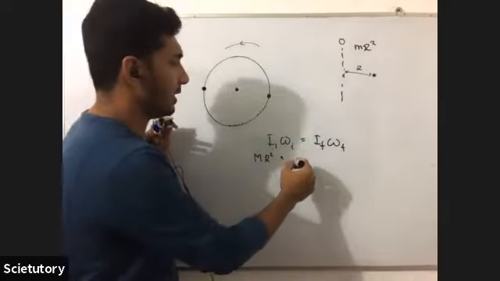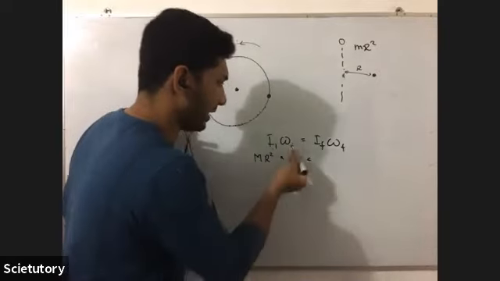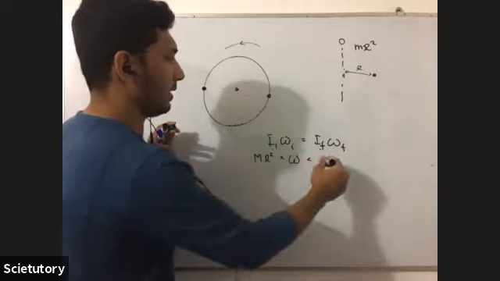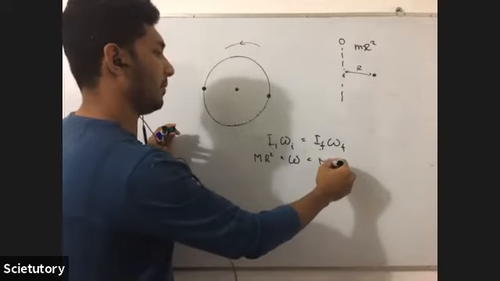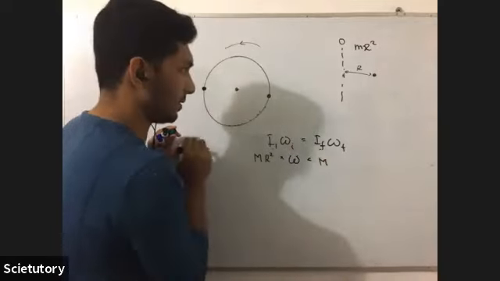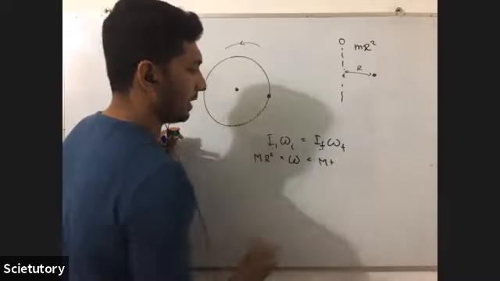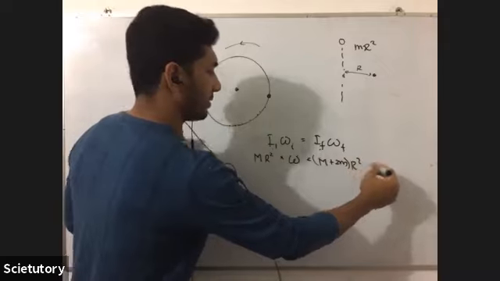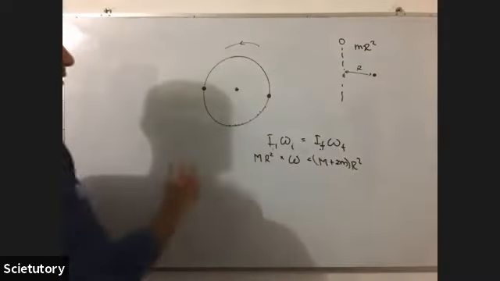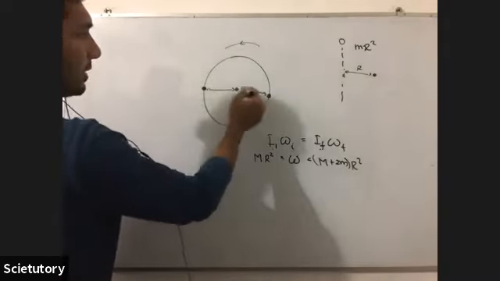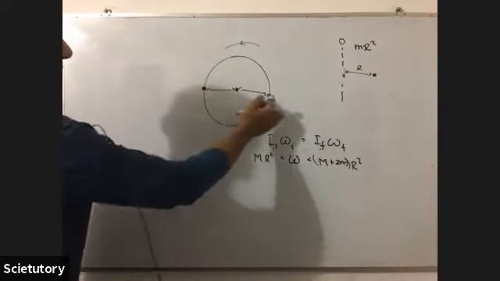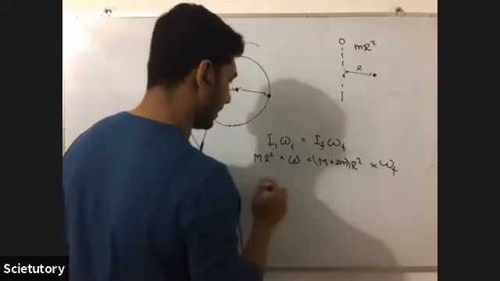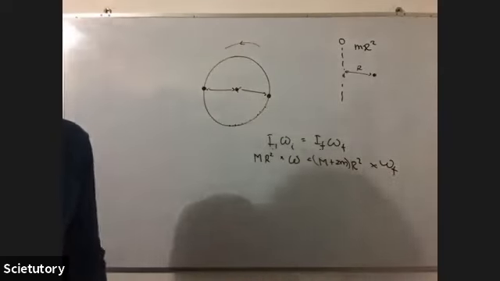Omega initial is omega. I final is M plus, there are two m's, they will add some moment of inertia, that is 2m R squared. These individual moments of inertia should be added. So (M R squared plus 2m R squared) into omega final. It's very easy. What's the answer?